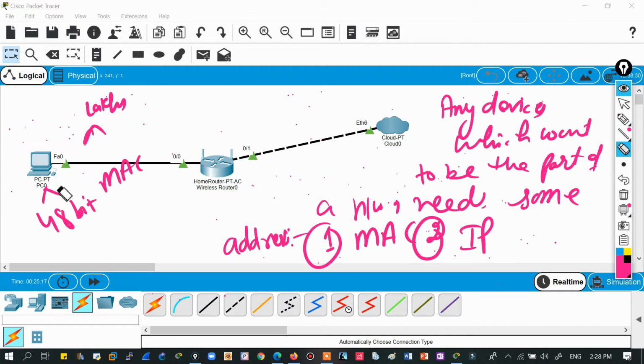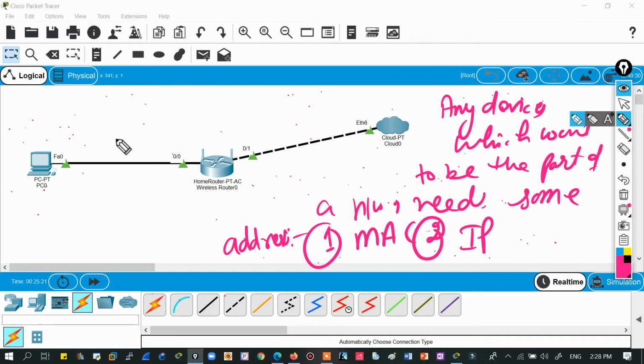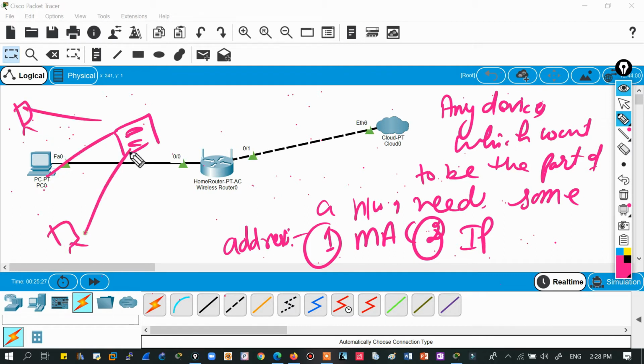But now, let me erase this for a while. Suppose this device wants to be the part of some network. Let's say there is a switch like this, and there are multiple PCs connected to this switch, right? How will this one be identified as a separate device from this one and from this one in a network? So there you need an IP address, another identification.